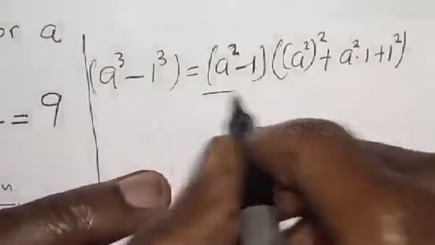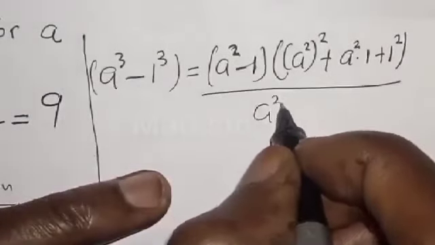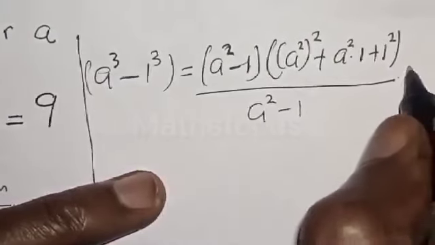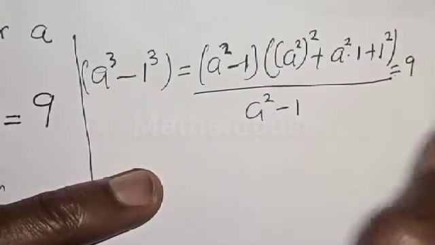Then divided by a squared minus 1, everything equal to 9.